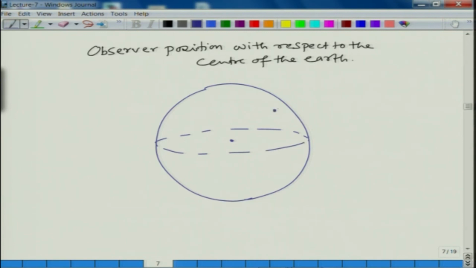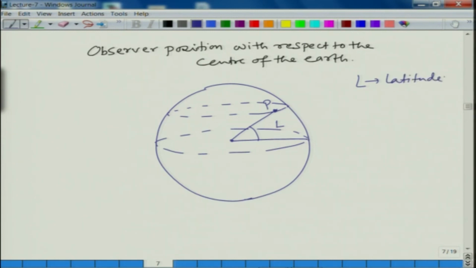If the observer is at this particular position, let us say this is P, then the angle this particular line makes with the equatorial plane is our latitude. So, L is the latitude.